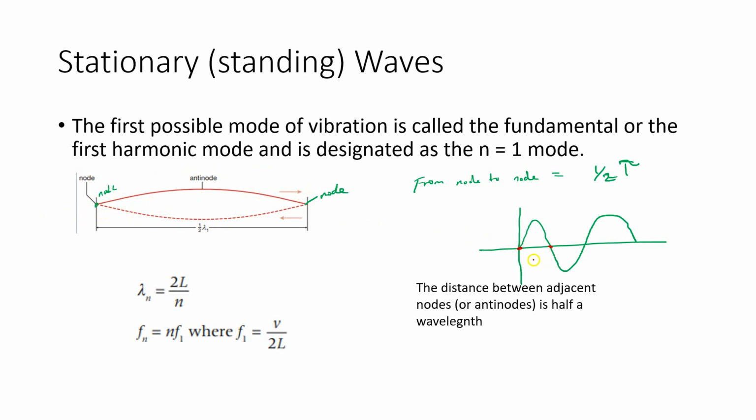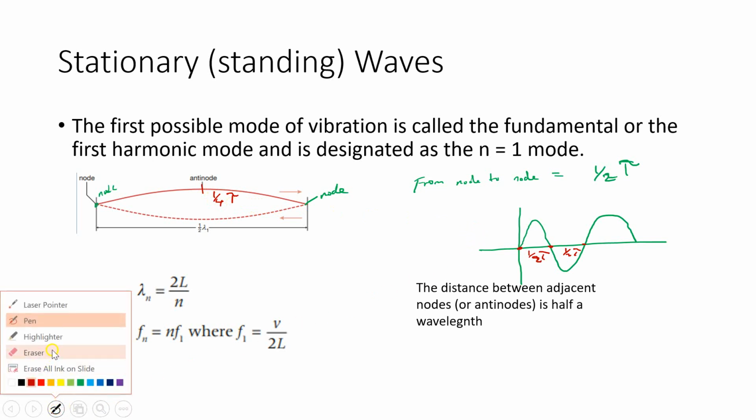You're seeing half of a wavelength. From here to here is another half of a wavelength, which means now you would have one complete wavelength. So whenever you see one loop by itself, that is half of a wavelength. From a node to an antinode, that's going to be a quarter of a wavelength. All right, so that's something that you must remember.